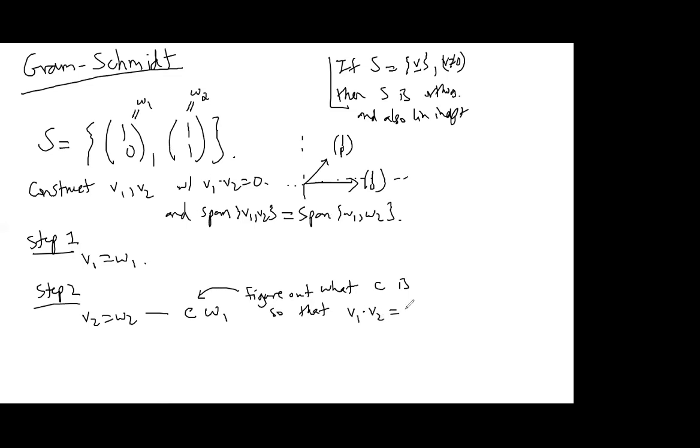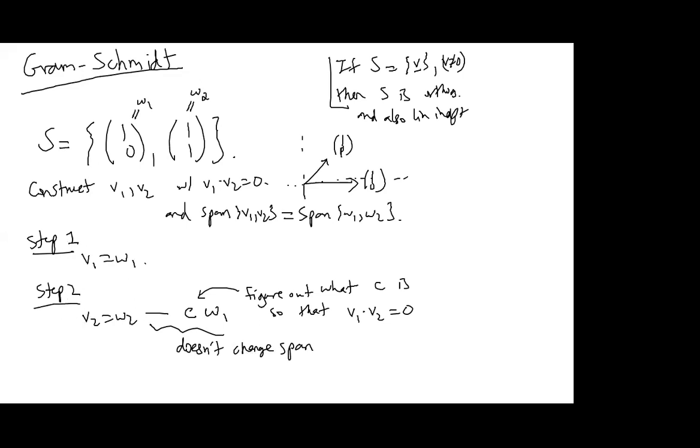You'll notice that by subtracting off a scalar multiple of W1, the span of V1 and V2 is the same as the span of W1 and W2. So doing this subtraction doesn't change the span. By which I mean the span of V1 and V2 equals the span of W1, W2.